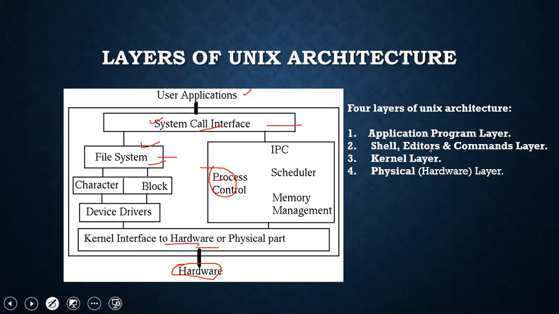Every user has to have a username and a password so that you can secure your system and your data. For the next class, I will show you how to install Unix in your system.